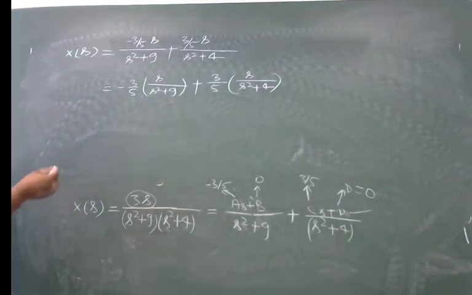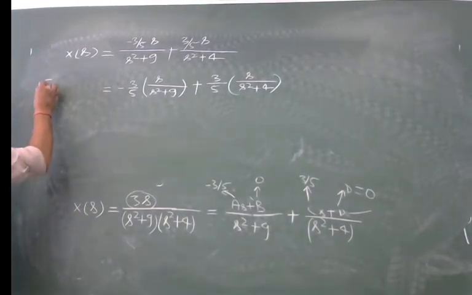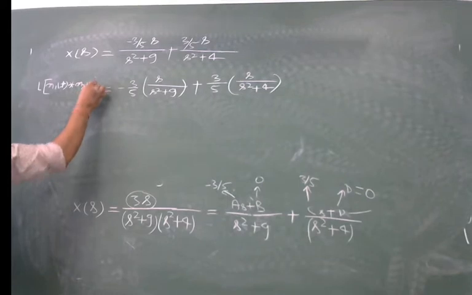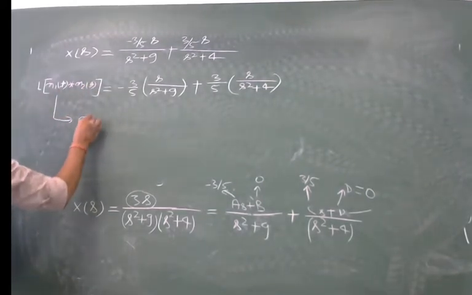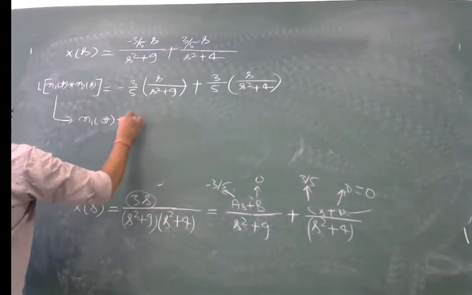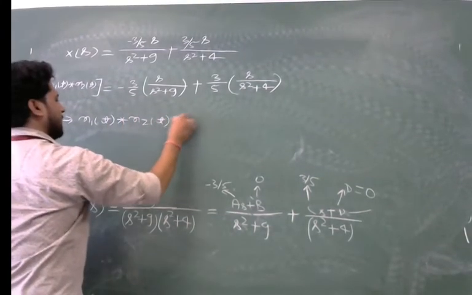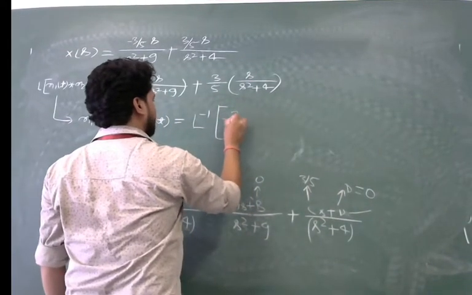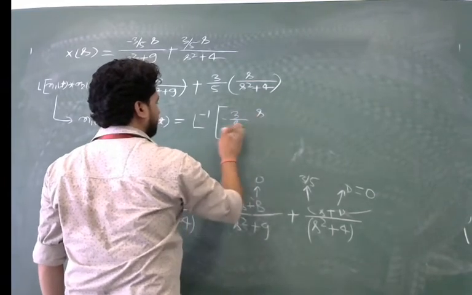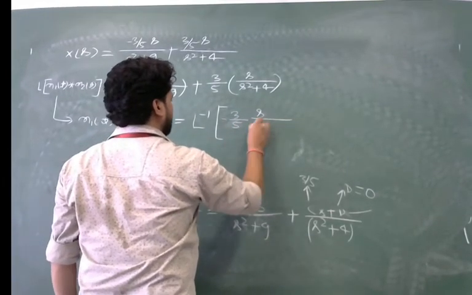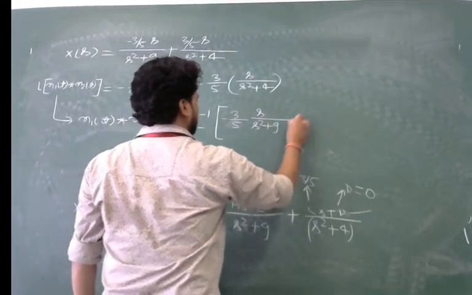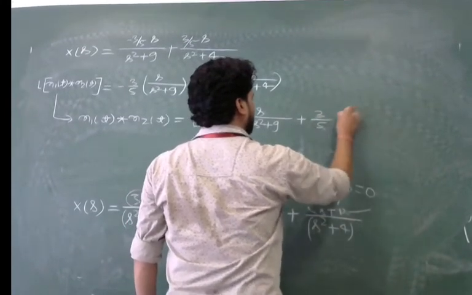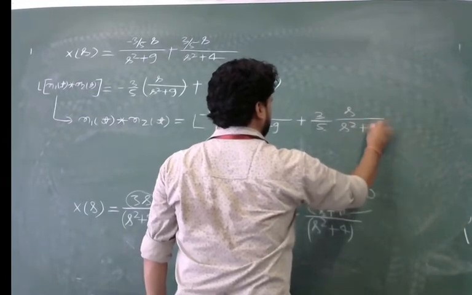This is what we got as the Laplace transform of x1(t) convolution with x2(t), and to get the convolution of x1(t) with x2(t), we have to take the inverse Laplace transform of this given relation, minus 3 by 5 into s upon s square plus 9 plus 3 by 5 into s upon s square plus 4.